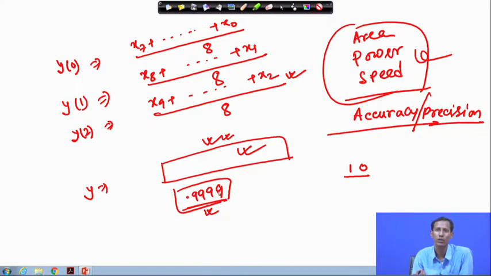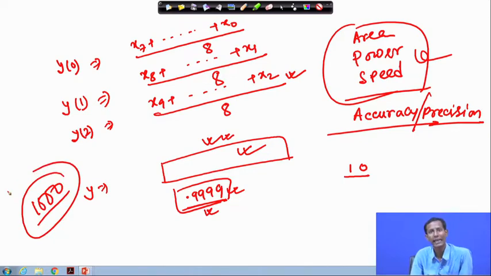Why do I need to do this? Because in signal processing, sometimes the operations are used in a loop, let us consider 1000 times or 2000 times. Suppose I am doing this running average circuit. Each of these numbers is less than 1, and I am adding thousands of them.